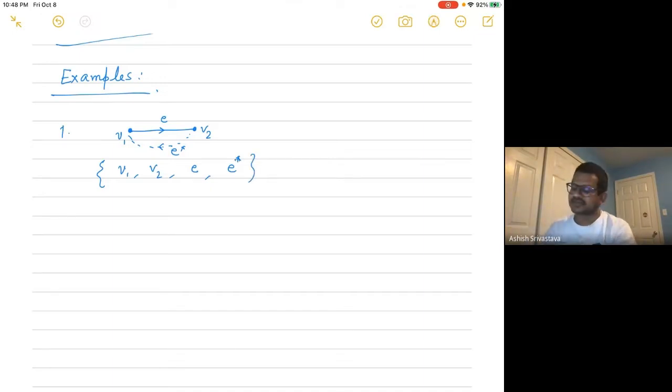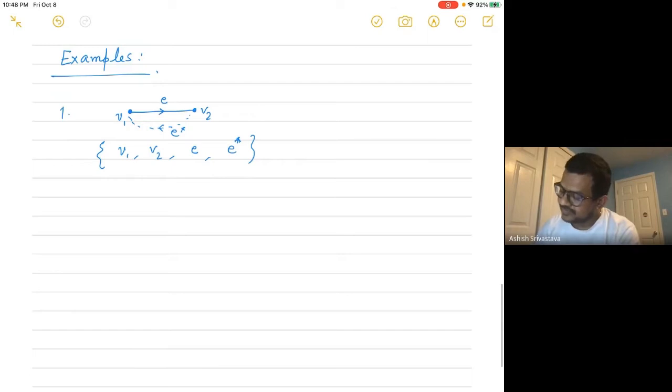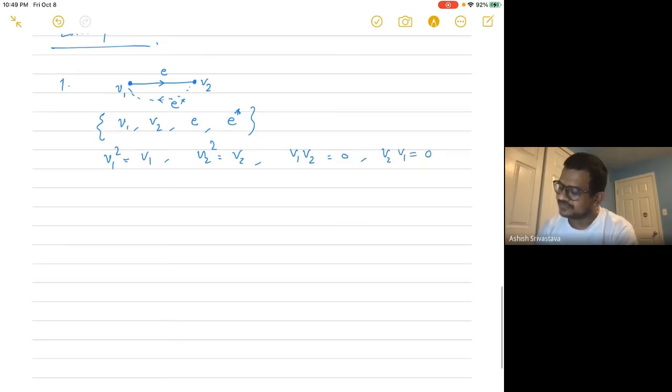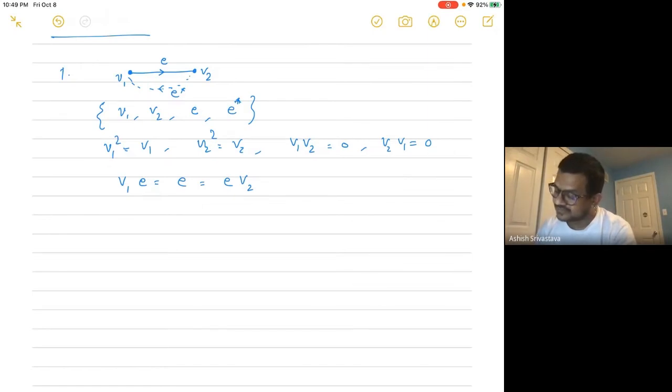And we have the conditions. Remember that V1 squared is V1, V2 squared is V2, V1 V2 or V2 V1, they're 0. Also you have V1 E equals E, actually equals E V2, right? Same thing for E star.